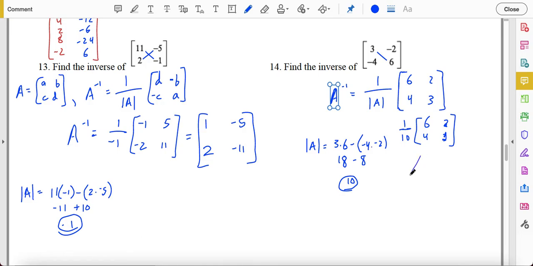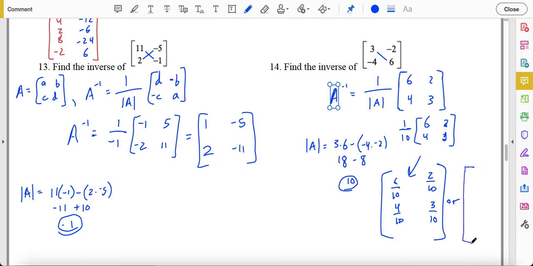I'll do both. So I've got 6/10, 4/10, 2/10, and 3/10, which you can reduce, or you can write it as 0.6, 0.4, 0.2, 0.3. And that is our solution to the inverse of that.